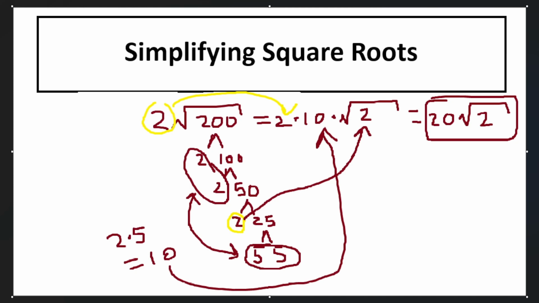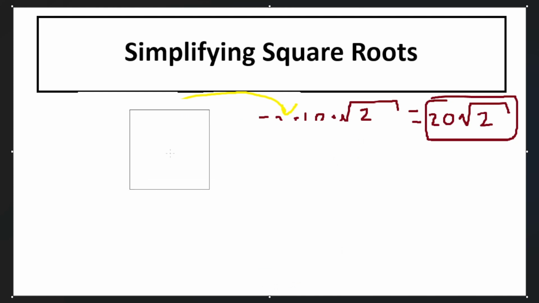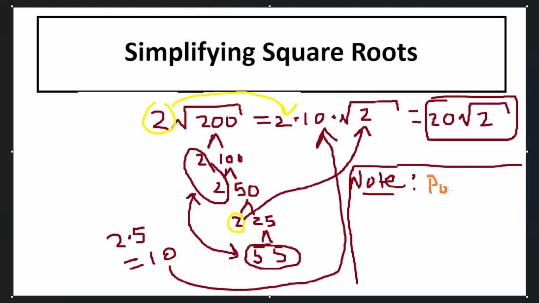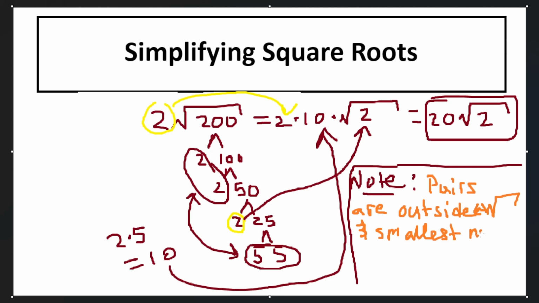So one thing to note when doing these problems, it's important to note pairs are outside the square root, and the smallest no pair is inside the square root.